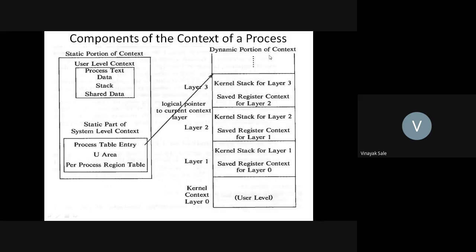Then the dynamic portion of context consists of different layers. So at the zeroth level is the user level, then layer 1, layer 2, layer 3, with a kernel stack for each layer.